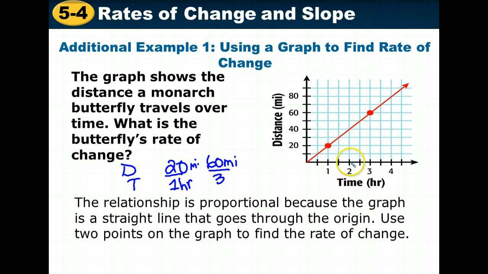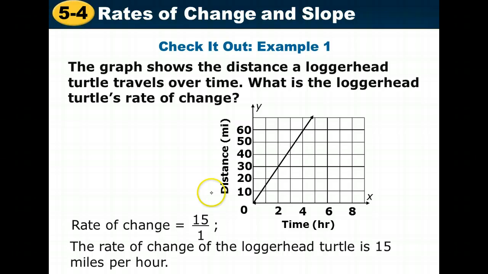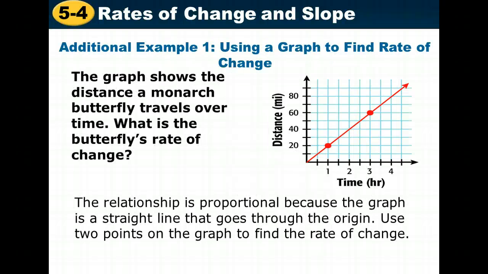Okay, so again here we can go ahead and find the change between those 2 points. Alright, so now once we find the change between them, we can find the rate of change.